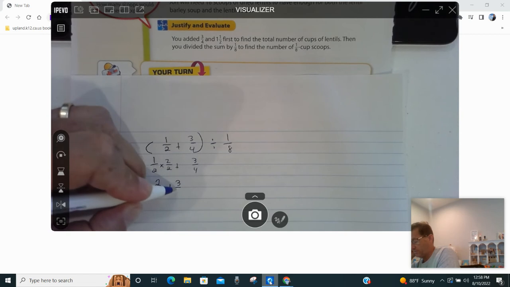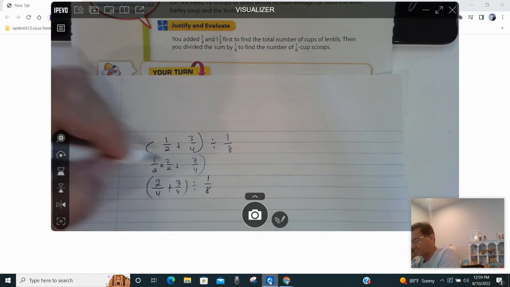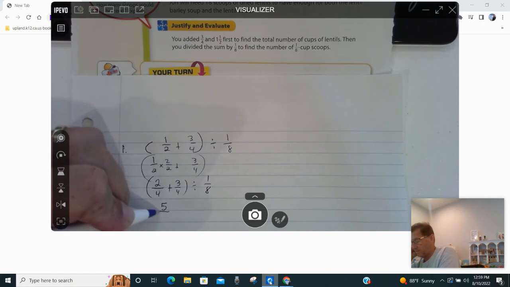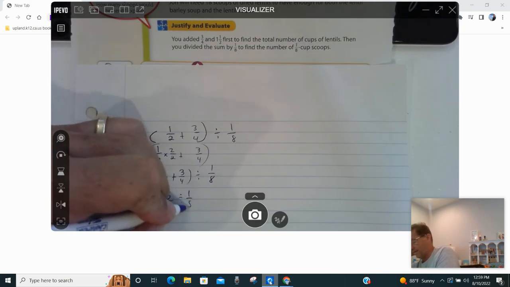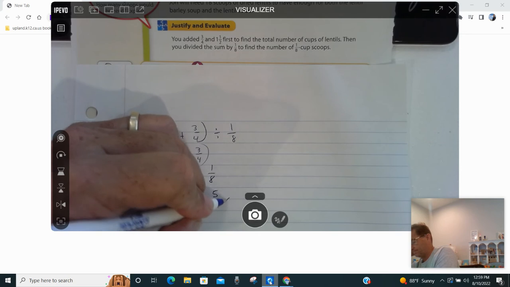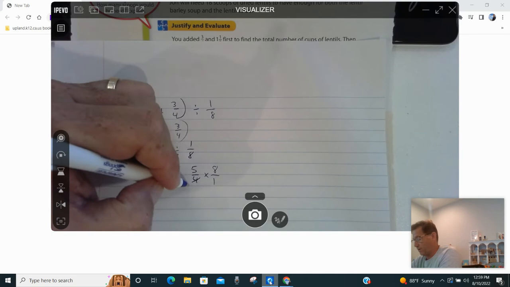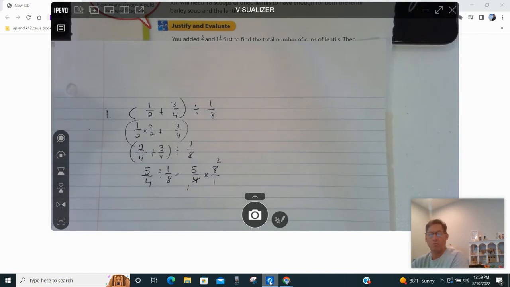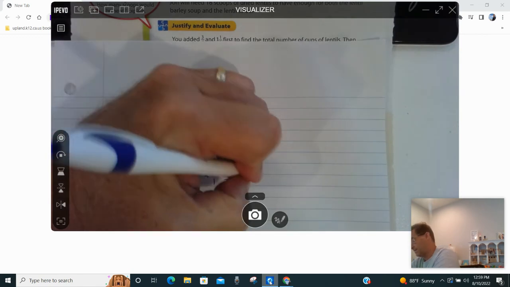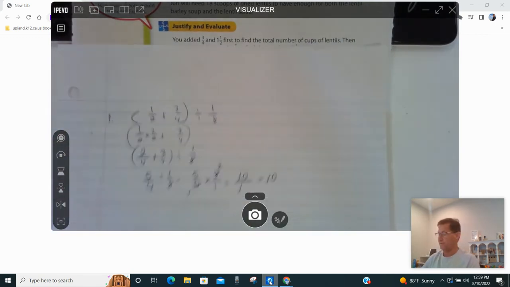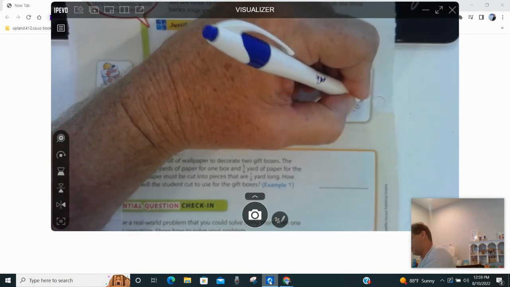So we have 2/4 plus 3/4, which gives a sum of 5/4, and we're going to divide that by 1/8. We know we can reduce the 4 and the 8 by dividing by 4. So 5 times 2 is 10, 1 times 1 is 1. 10 over 1 reduces to 10. So he can make 10 batches.